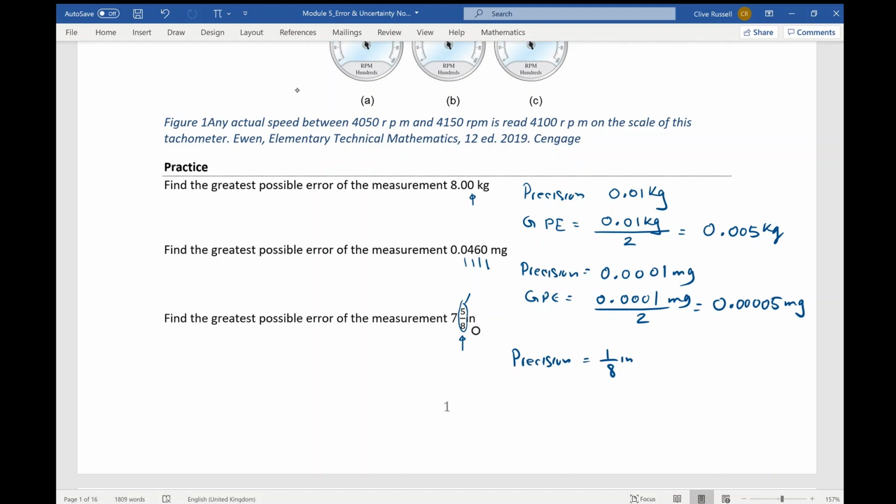Hence the greatest possible error has to be 1/8 divided by 2, which is the same as 1/8 multiplied by 1/2. Remember, when you're dividing, you change to multiplication and multiply by the reciprocal. So we're going to get 1/16 inches.